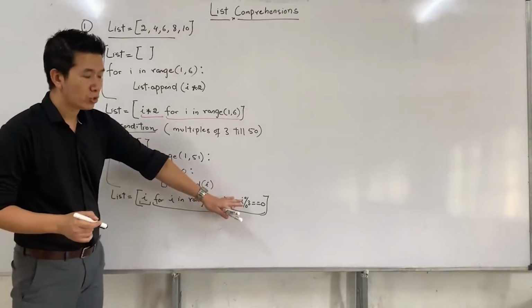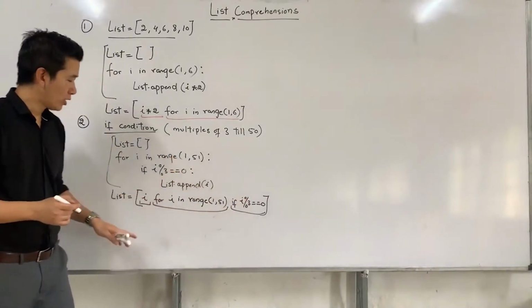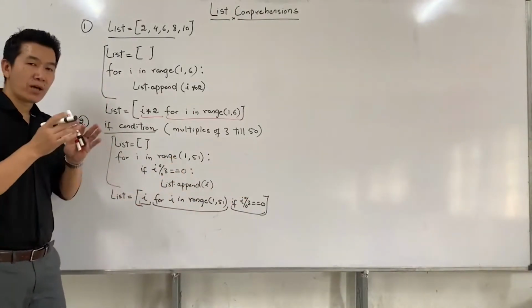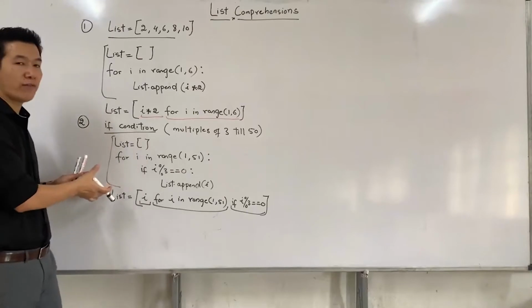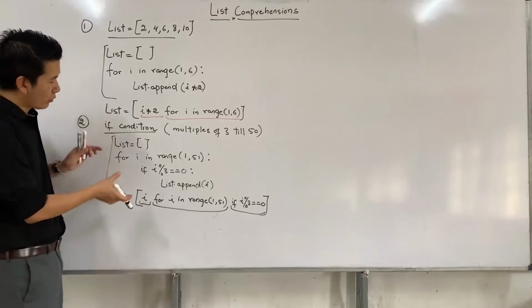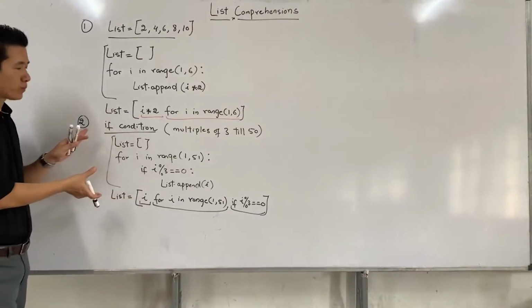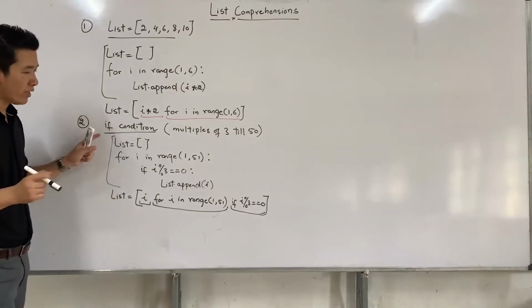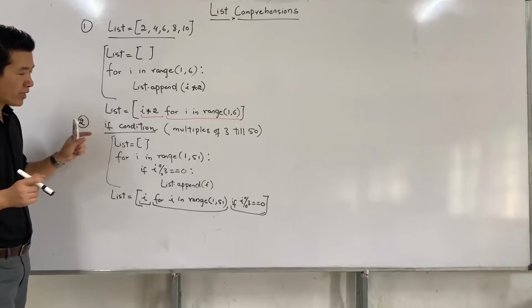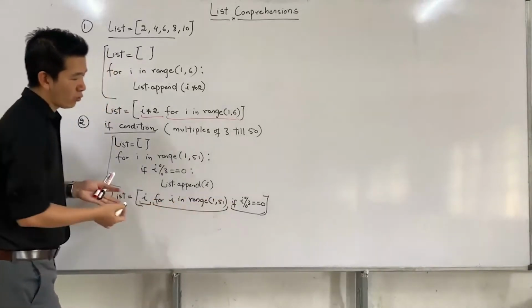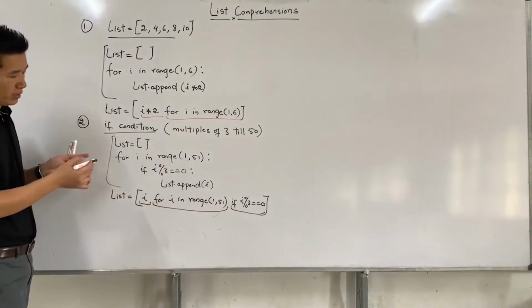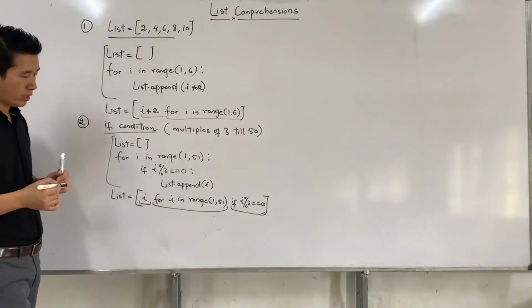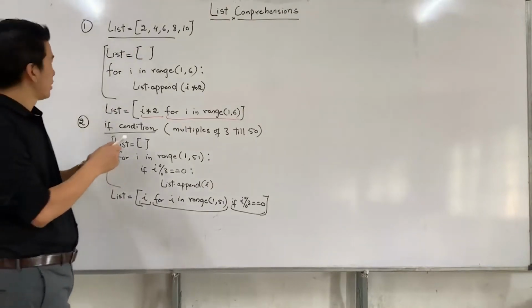If the condition is true or false, based on that the value of i will be assigned as an element of the list. So example number 2 is just one condition incorporated with if, which means there will be a little change in the way you write the list comprehension. It's pretty simple, right?